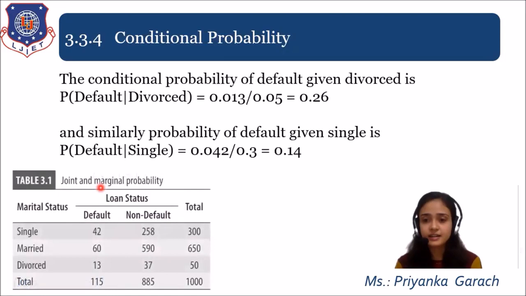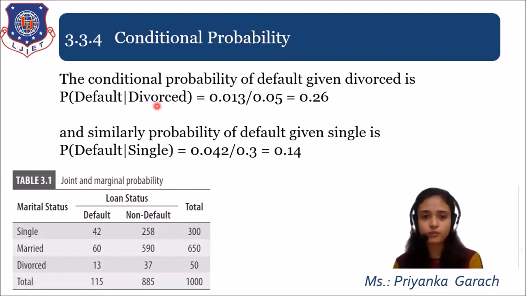Now let's understand with the help of an example. Here I am considering the same table, and I want to find the conditional probability of default given divorced. Divorced has already occurred, so I will write it on the right hand side, and default on the left hand side.